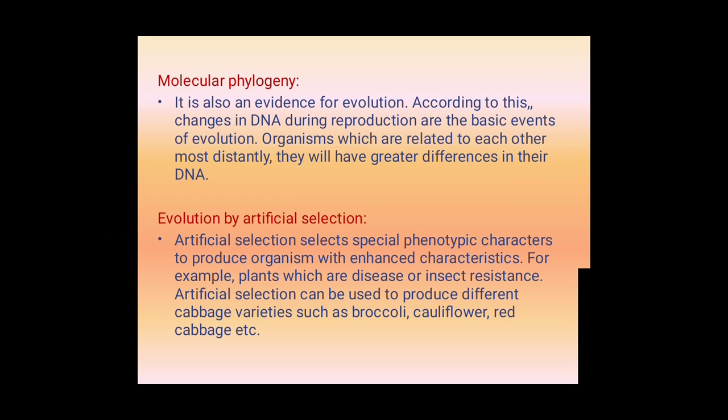Next, come to molecular phylogeny. It is also evidence for evolution. According to this, changes in DNA. Molecular basis means it comes to DNA. DNA or RNA comes under genetic material. Changes in DNA during reproduction are the basic events of evolution.